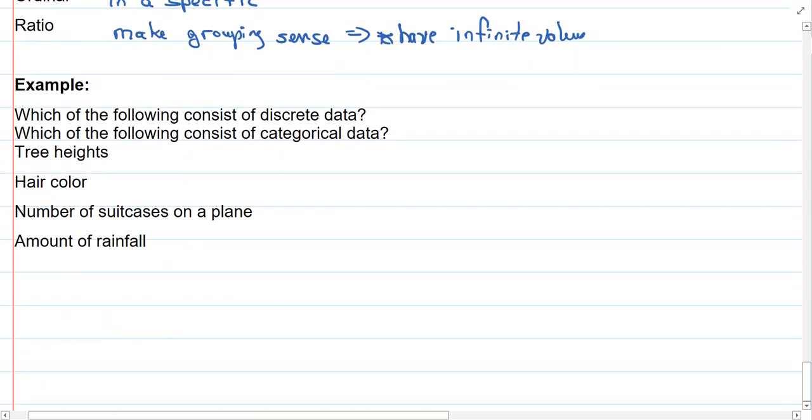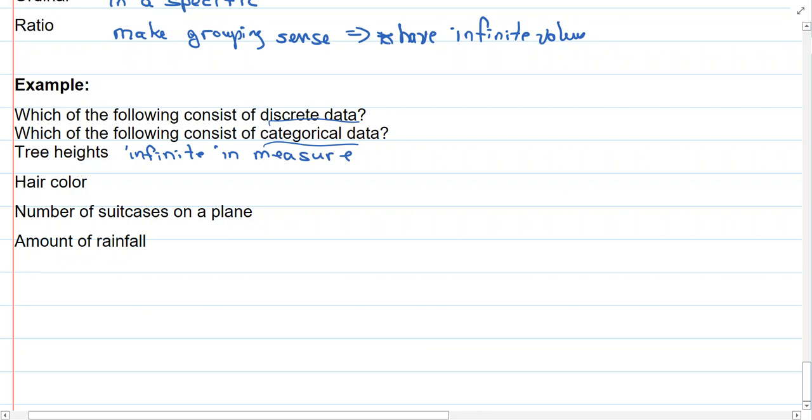Which of the following consist of discrete data, and which consists of categorical? All right. So tree heights, it's not discrete. It is infinite in measure. Hair color.